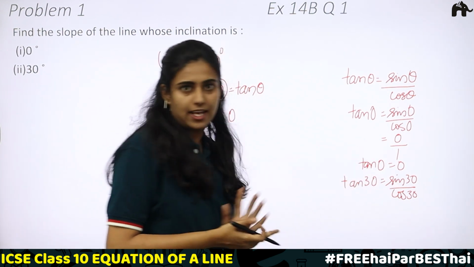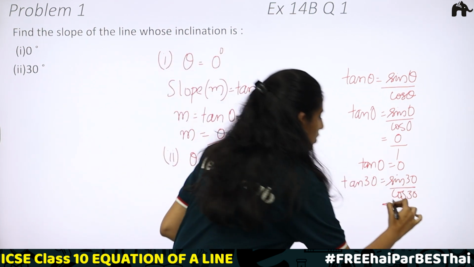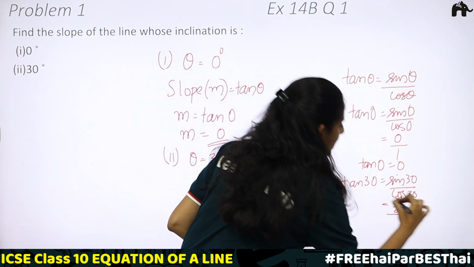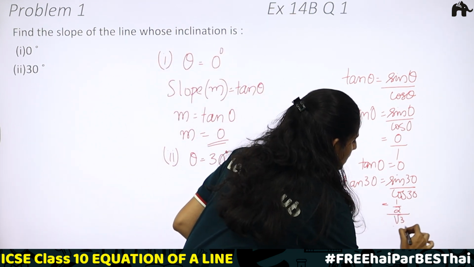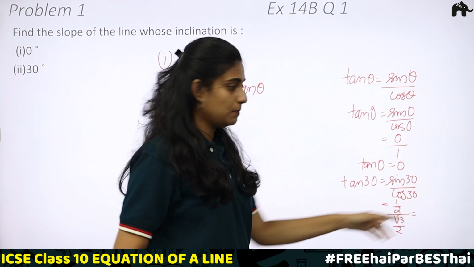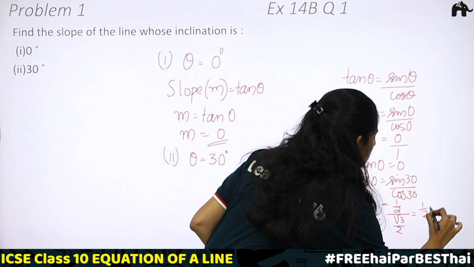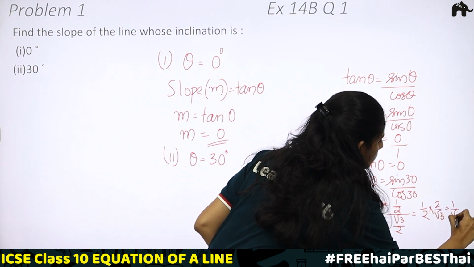What is sin 30? Sin 30 is 1 by 2, divided by cos 30. Cos 30 is root 3 by 2. Taking the reciprocal of the denominator and multiplying, we get 1 by 2 into 2 by root 3, which is equal to 1 by root 3.